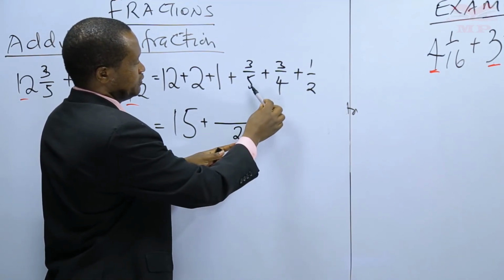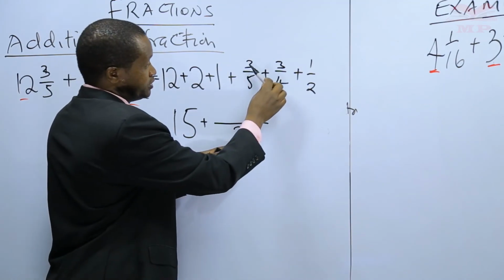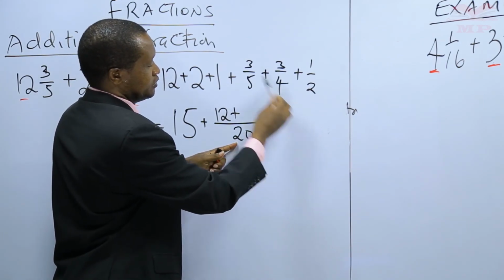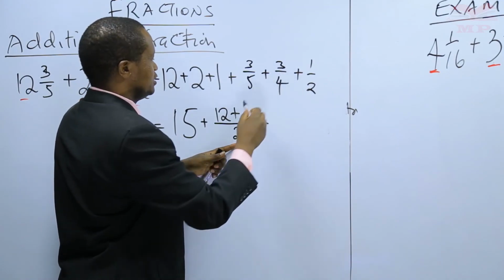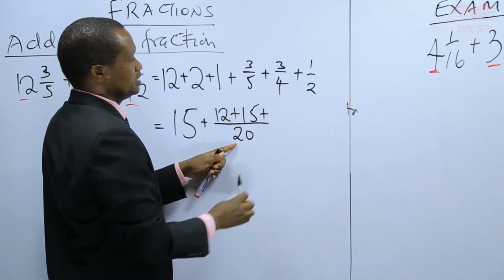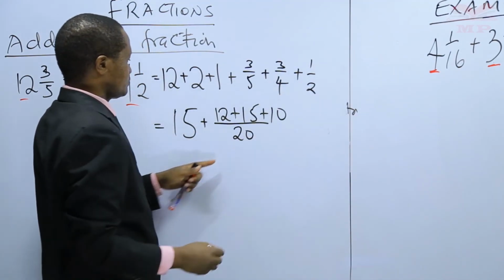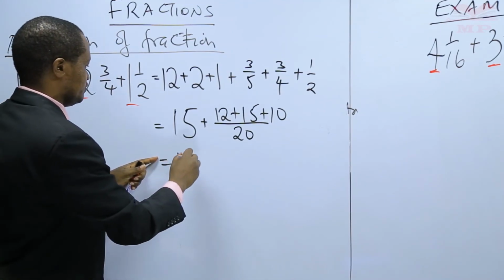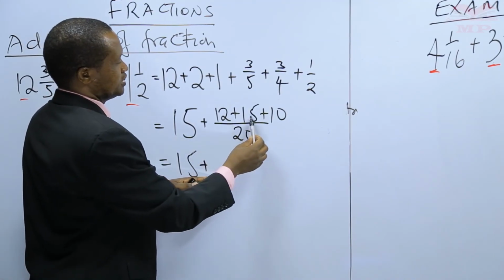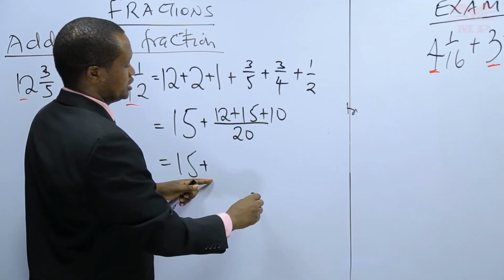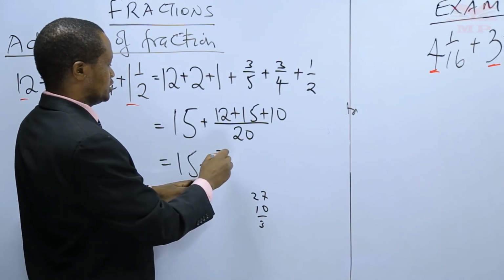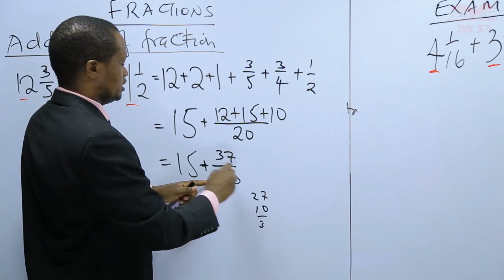So 20 divided by 5 is 4, 4 times 3 is 12, plus 20 divided by 4 is 5, 5 times 3 is 15, plus 20 divided by 2 is 10, 10 times 1 is 10. 12 plus 15 is 27, 27 plus 10 is 37. So this will be equal to 37 over 20.